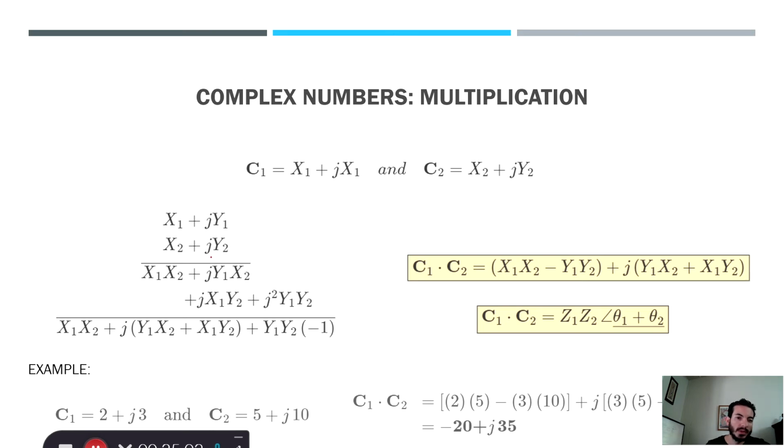For a complex number, the real part is x1 and the imaginary part is y1 as well.